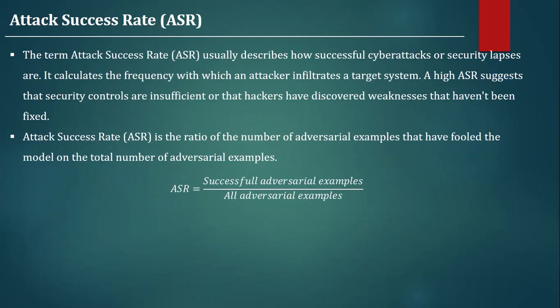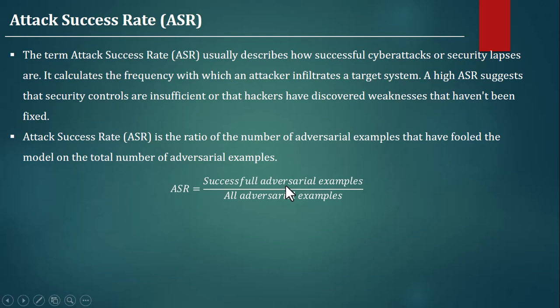Attack success rate. As the name suggests, the term attack success rate usually describes how successful cyber attacks or security lapses are. Look at the formula and that would be clear: attack success rate is nothing but successful adversarial examples, that is how many examples have fooled the system, divided by all adversarial examples. Right?